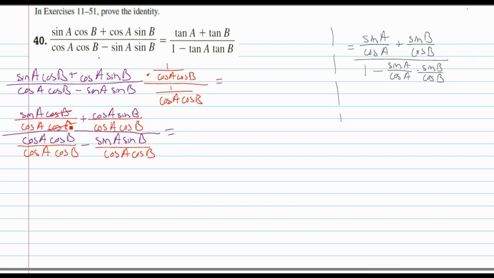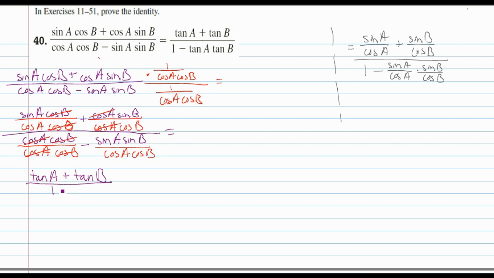Cosine B's cancel out here. Cosine A's cancel out here. Cosine A's and cosine B's cancel out here. Nothing cancels there. So to simplify, sine A over cosine A is tangent A, plus over here, sine B over cosine B is tangent B. So far, so good.